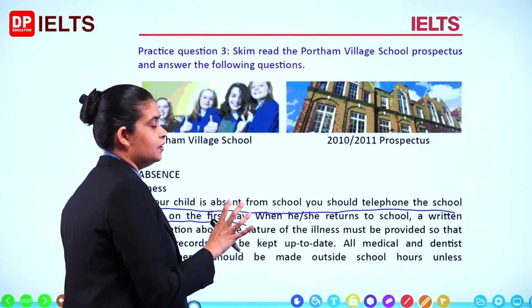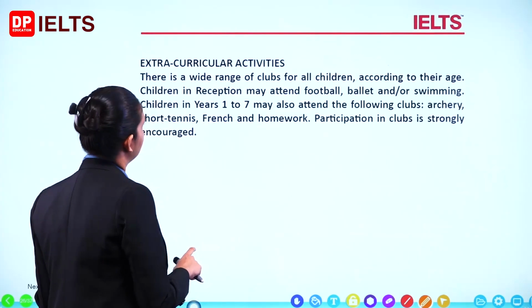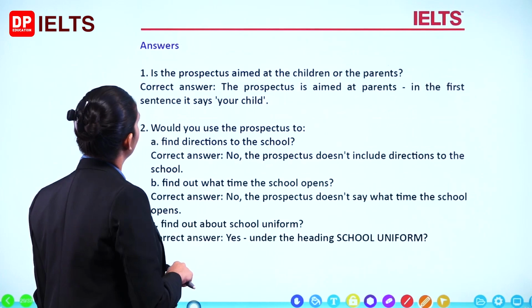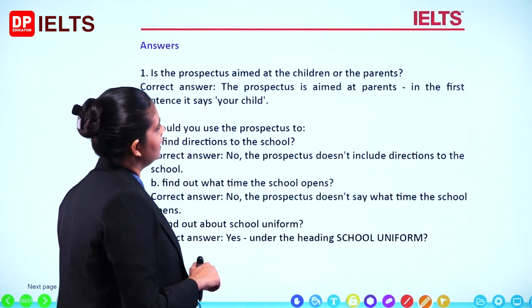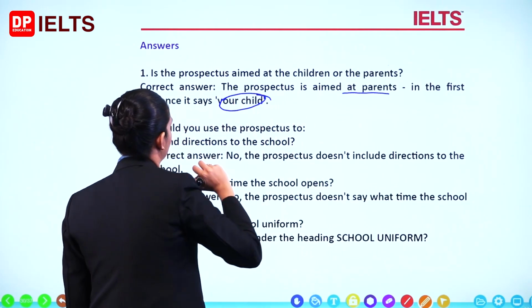So if you had skim-read the first para properly, you should have understood that it was for the parents, right? So the prospectus is aimed at the parents. In the first one, it says your child.